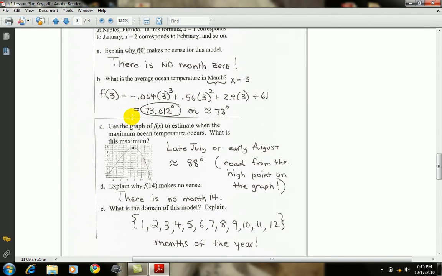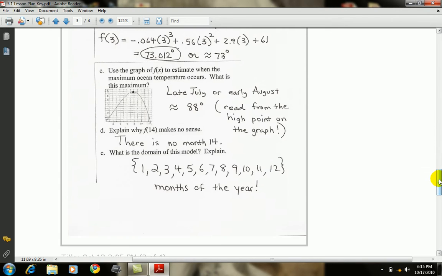Use your scientific calculator, and an exact answer is 73.012 degrees Fahrenheit, but that's a little ridiculous. When did you ever hear that on the radio? It's 73.012 degrees outside. That's a little odd. So what I'm going to do is put approximately 73 degrees, and there we go on that problem.